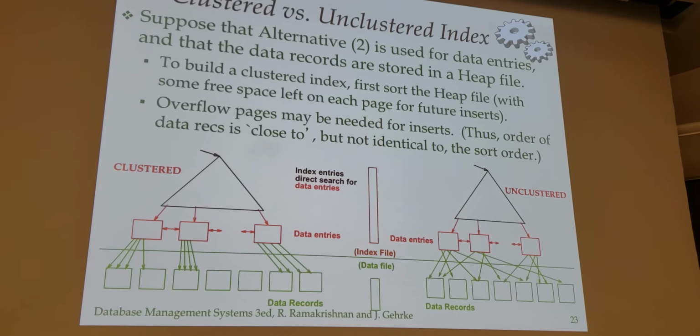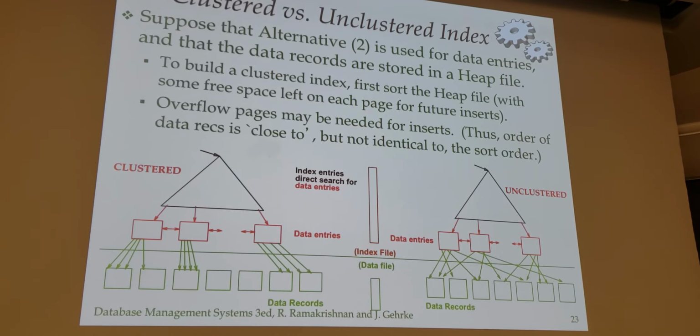Suppose that I use alternative 2, and again, alternative 2 and alternative 3 are very similar. And suppose that the data is stored as a heap, meaning no particular order on the data, it's not sorted. And we have an index on it, okay? And I want to build a clustered index based on that.